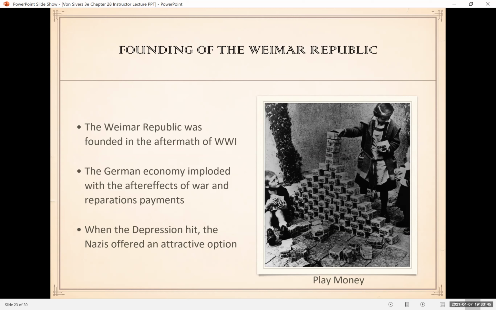Go put down the violence." And so these Freikorps, these militia, went out to put down the street violence.